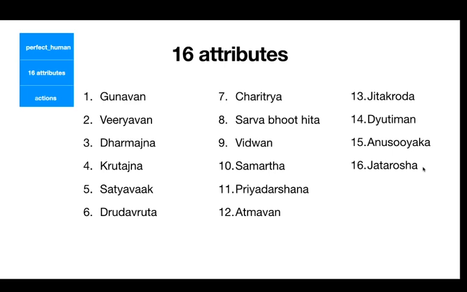Now let us try to understand each of these 16 attributes in detail, because as we saw earlier, understanding the 16 attributes becomes very essential for us to describe this important class called perfect human being, whose instance is Rama. So if you have to understand Rama correctly, then you should understand the meaning of each of these 16 different attributes.